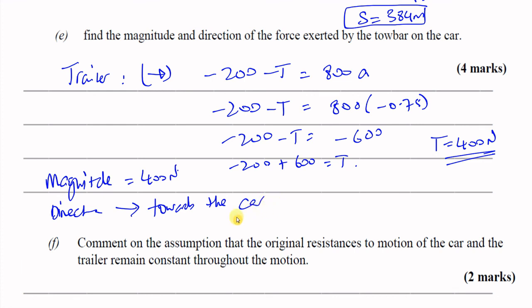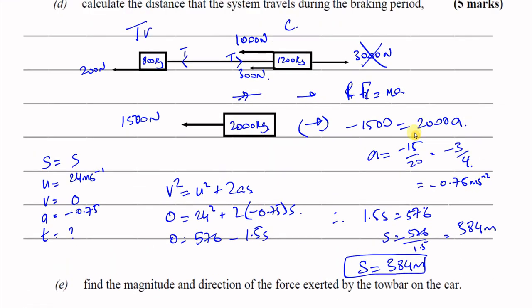So the thrust is going to be acting in relation to the car towards the car. The thrust in the tow bar towards the trailer will act towards the trailer. Here it's going to act towards the car because it's pushing them apart from each other. Okay, so there's the answer to part D.